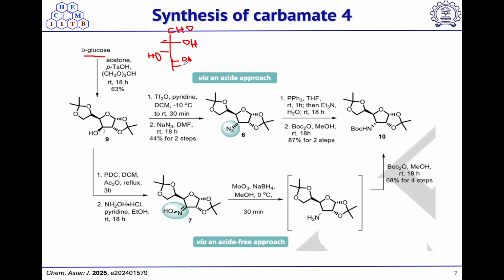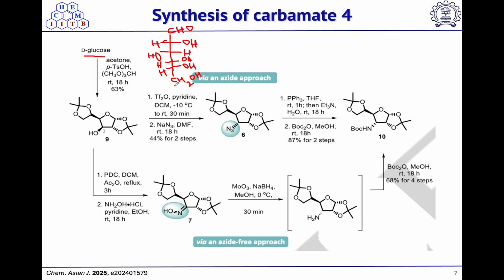OH, OH, and this carbon having CH2OH. So total 4 chiral centers are there. So this side is hydrogen. Similarly, this side and this side is hydrogen, right? So this is the structure of D-glucose.